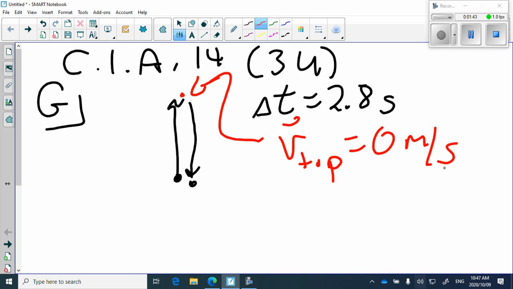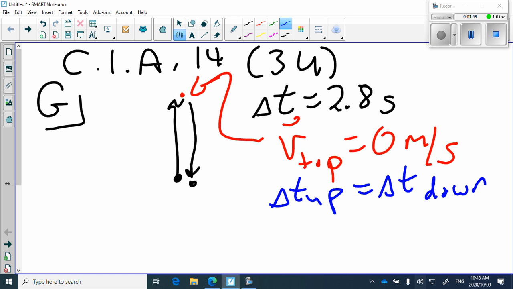The other thing I'm going to tell you about is motion has symmetry to it. So time to go up is equal to time to fall down. That means the time it took to go from the bottom to the top is equal to the time it took to go from the top to the bottom.